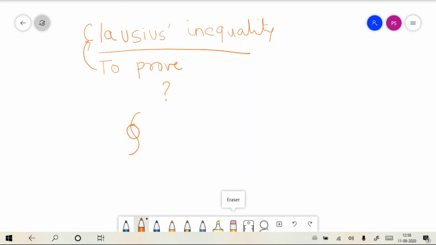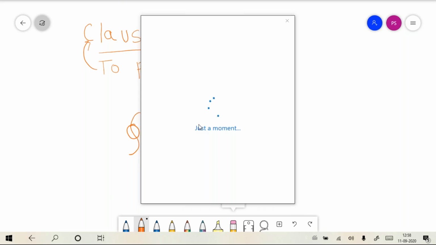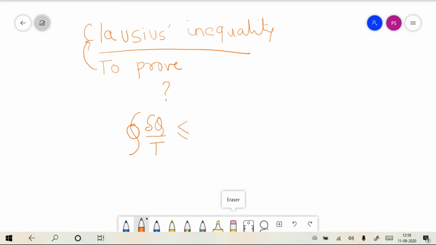The Clausius inequality says that for any cycle, this inequality holds good. This is what is known as the Clausius inequality.